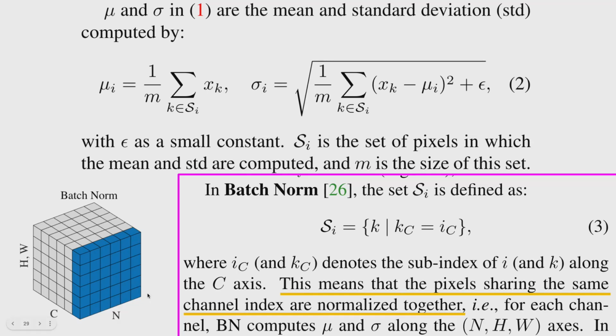We're iterating on N to go from batch item 0, 1, 2, 3, 4, 5. And then we are iterating through our H and W dimensions to go through pixel 0, 1, 2, 3, 4, 5. So this is our subset of the entire set of pixels i. We're fixing the channel index. Again, this means that the pixels sharing the same channel index are normalized together.